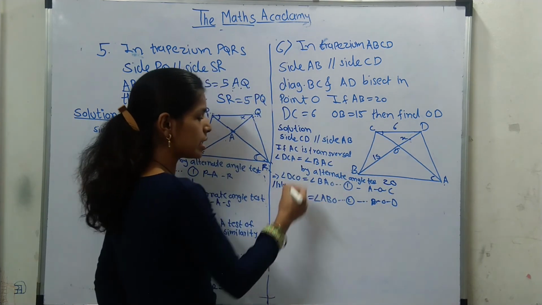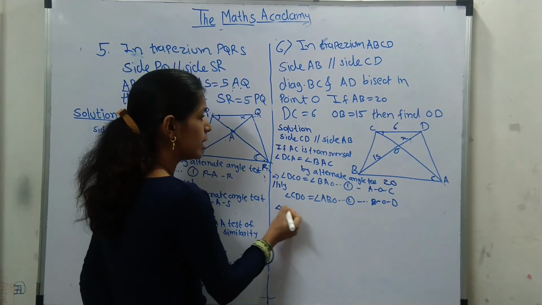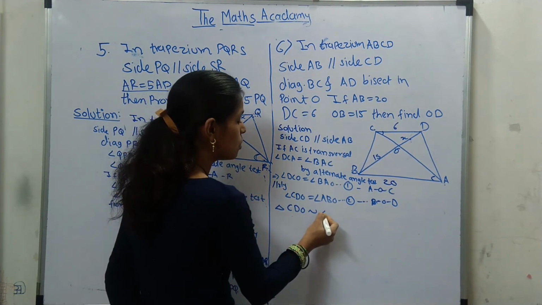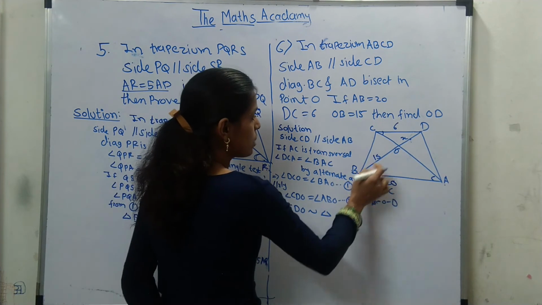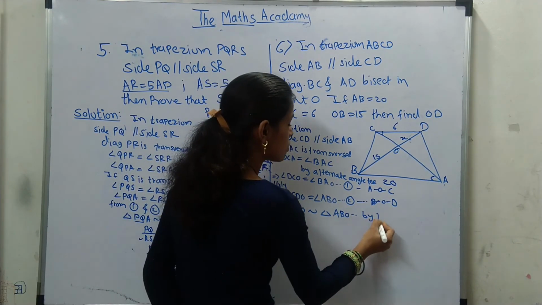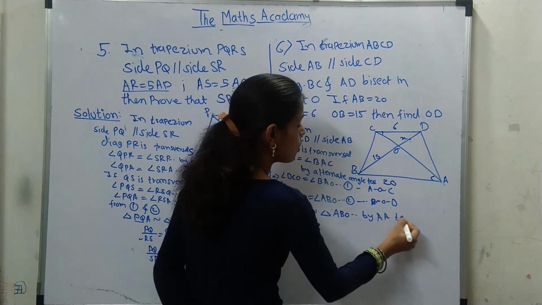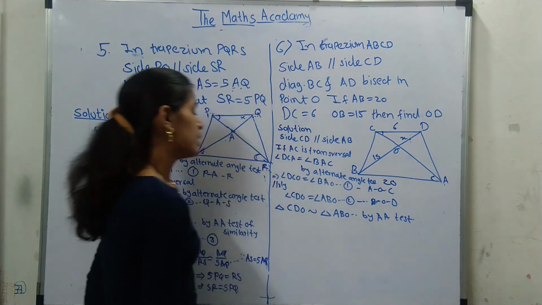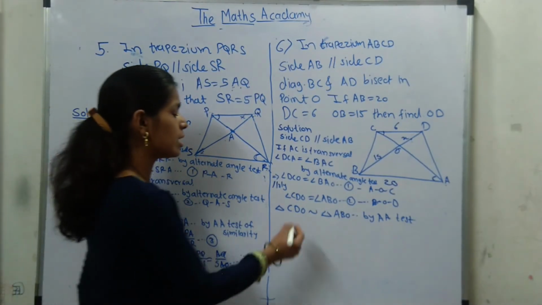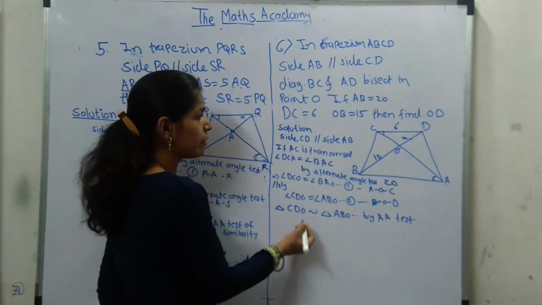Hence by using these two results, we will write here that triangle CDO is similar to triangle ABO by AA test of similarity. Now, as the two triangles are similar by AA test, the ratio of their corresponding sides are equal.